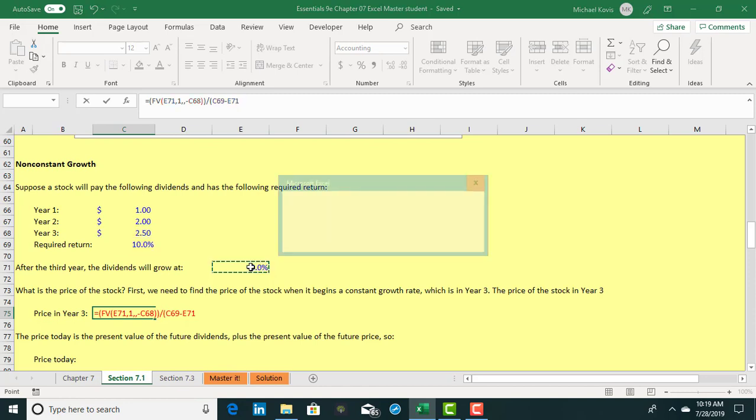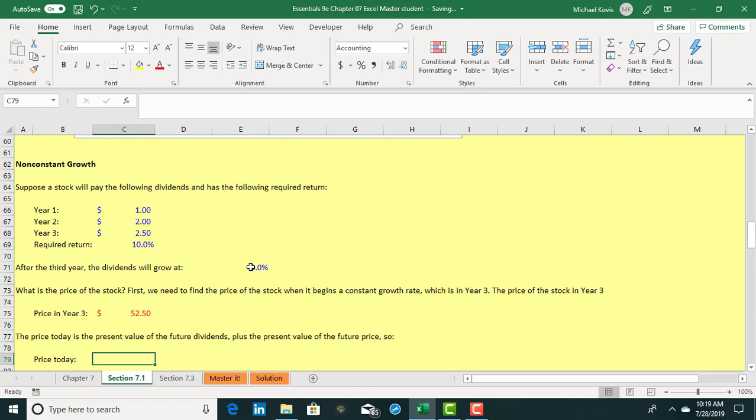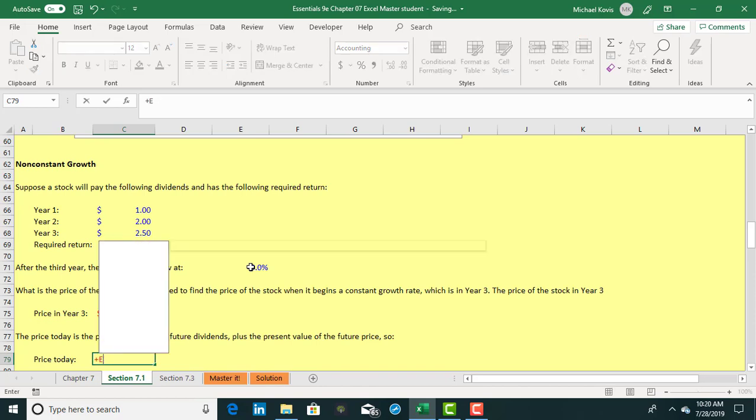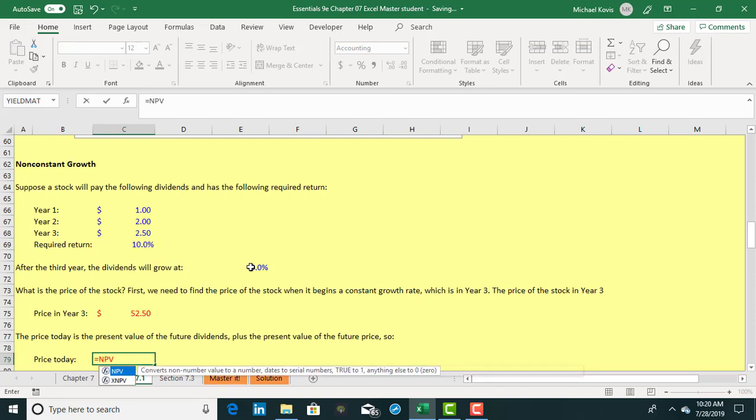So it's going to be the net present value of our required return, and then, make this a little cleaner. We'll do it, I mess them up a little squirrely, and then add my year 3 dividend to my year 3 price. So $43.88.